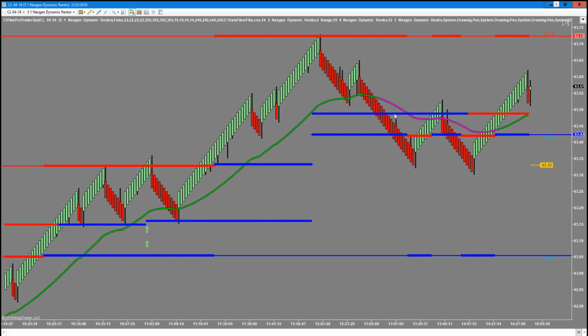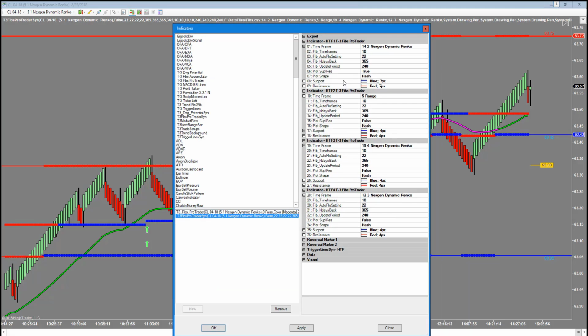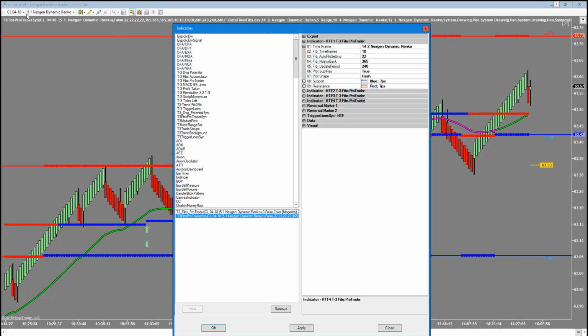We have an extra indicator called our T3 Fibs Pro Trader Synthetic. And what this indicator will do is allow us, on a smaller chart, such as a 5-1 dynamic Renko bar, to plot Fibonacci support and resistance lines from other charts.